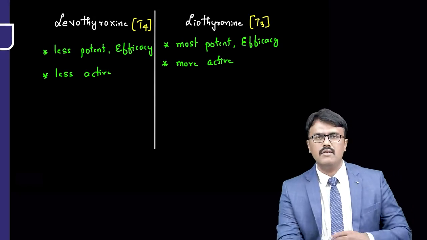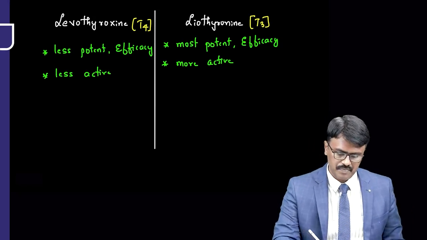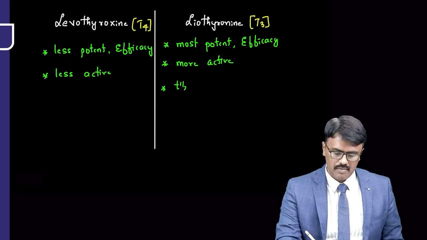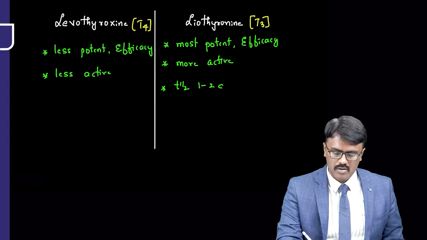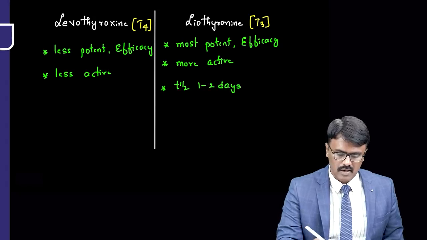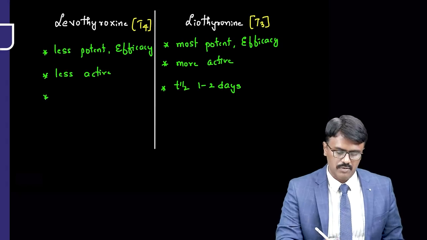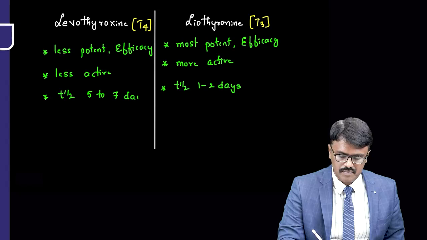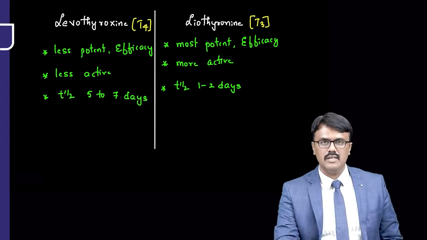Okay, I think you have studied that in physiology. It's just a revision for you. What about the half-life? The half-life of liothyronine is approximately 1 to 2 days, and that of levothyroxine T4, the half-life is very long, around 5 to 7 days.